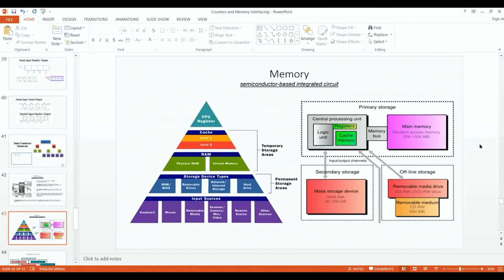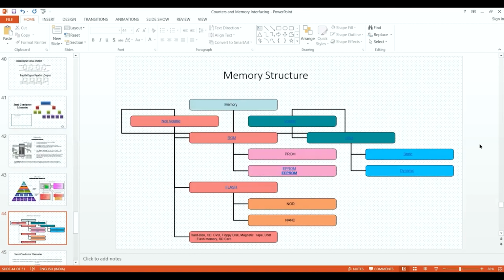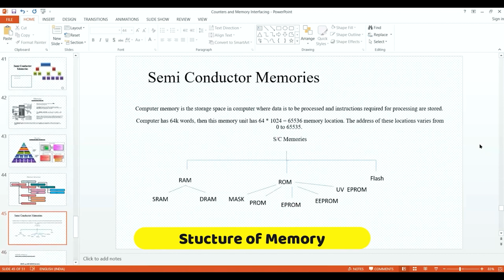Again, a repetition of this: the memory is volatile or non-volatile. Then ROM and RAM. Then flash, where you have NOR and NAND, and hard disk, CD and DVD drives are also one kind of memory. Again, this is not clear to many students.